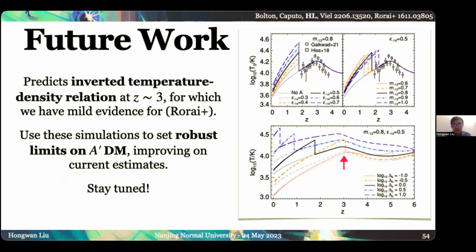Even if this dark photon dark matter thing isn't real, one thing we could do is take all of the simulations that we have done where we have included these dark photon dark matter models and evaluated what the temperature looks like as a function of time. We could take these simulations and set very robust limits on dark photon dark matter. Previously, the constraint that I showed you was done very approximately by saying, well, we know that the temperature between redshift of 2 and 5 cannot exceed 10^4 kelvins, which is a very hand-wavy way of doing things.